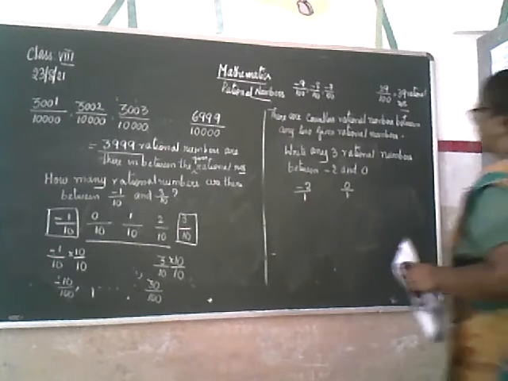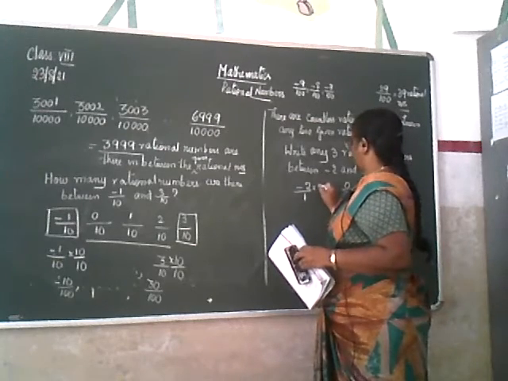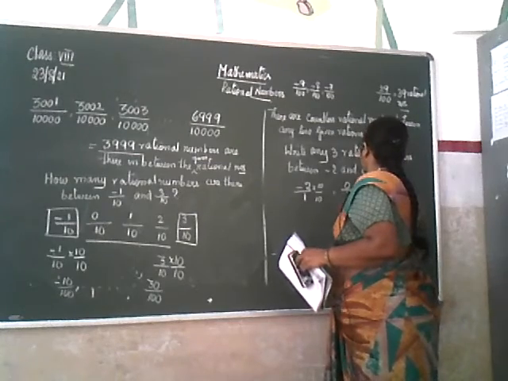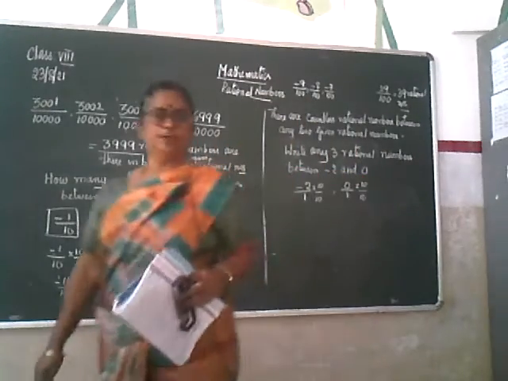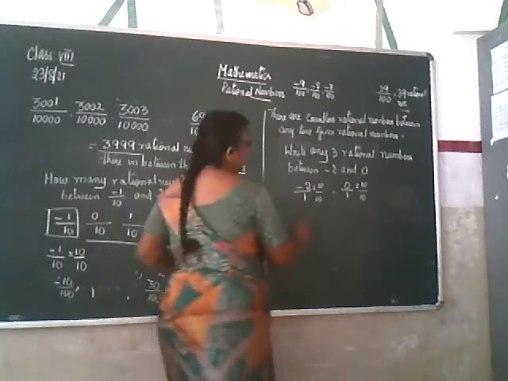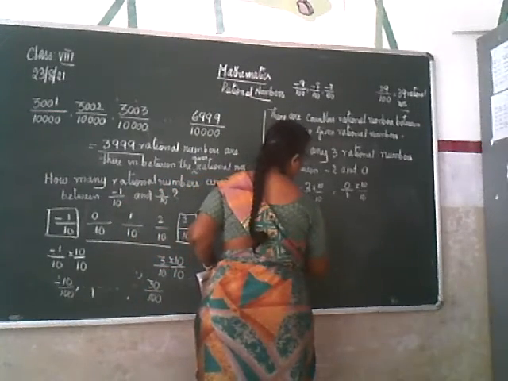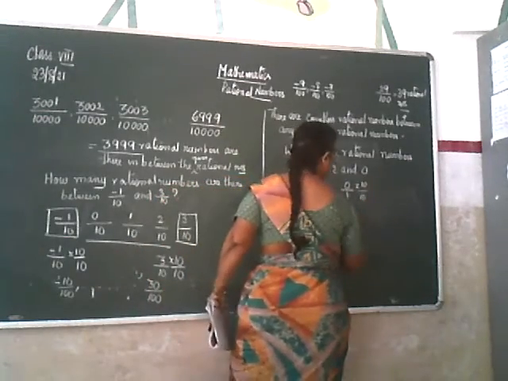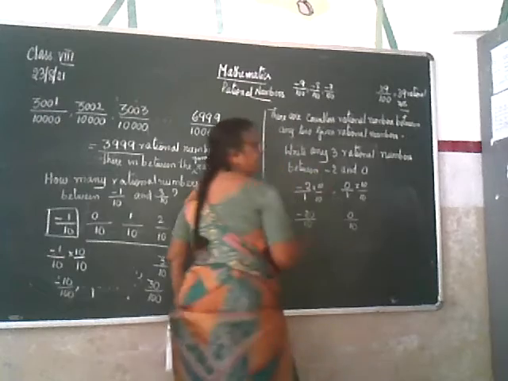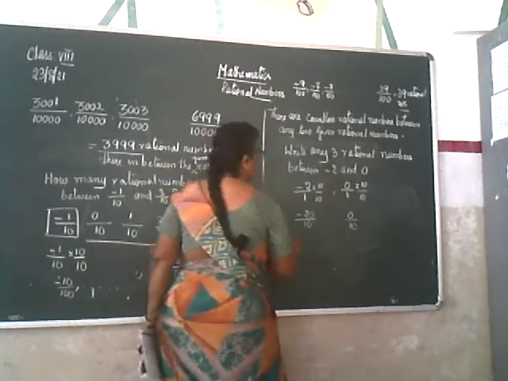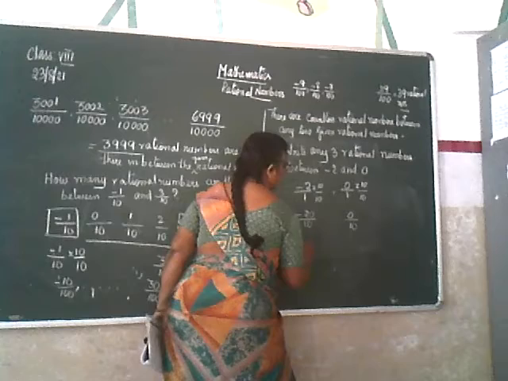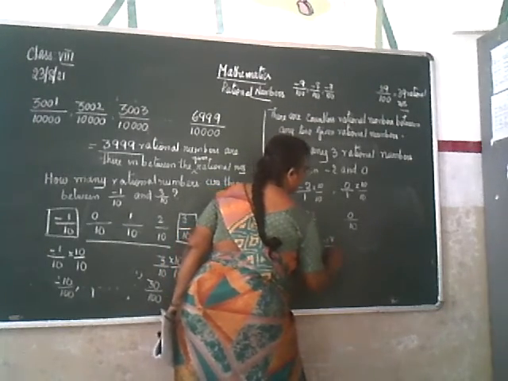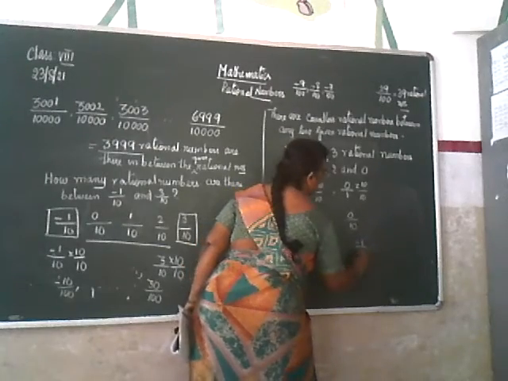So multiply by 10, both numerator as well as the denominator. Okay, what you will get? Minus 20 by 10. Then 0 into anything is 0 by 10. So in between, what you will have? Minus 19 by 10, minus 18 by 10, minus 17 by 10, up to minus 1 by 10.